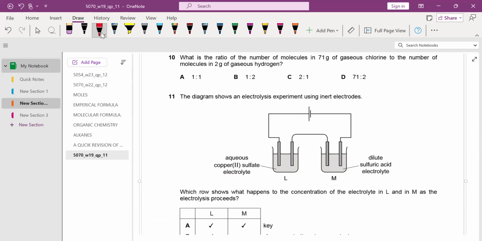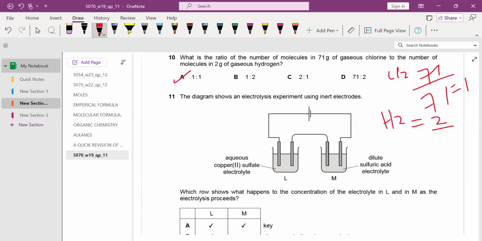So for this, the formula for chlorine is Cl2, and the mass of Cl2 is 71. 71 divided by 71 gives 1, and then for hydrogen, H2, 2 divided by 2 gives 1. So the correct answer for 10 is A, 1:1.